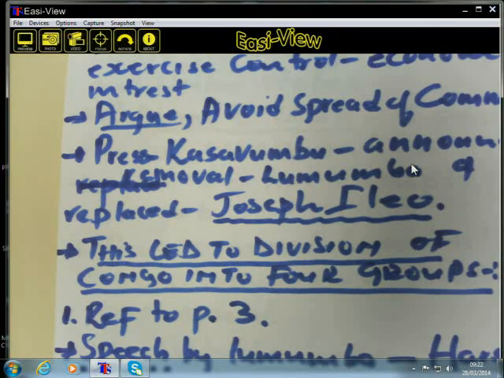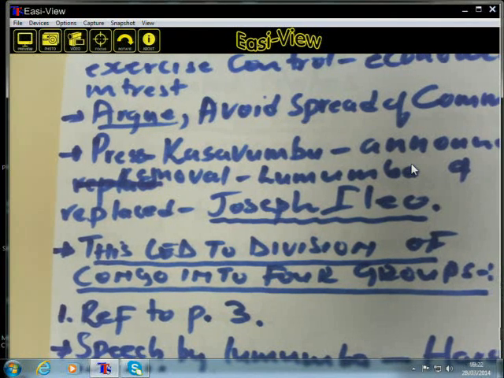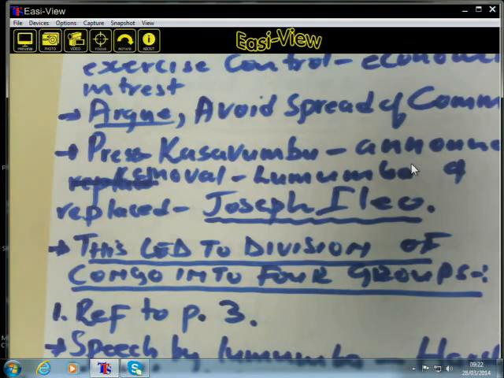So it was the prime minister, Lumumba, the head of government, and President Kasavubu as the head of state. And he was encouraged to remove Lumumba, as he was not cooperative with the Belgians.